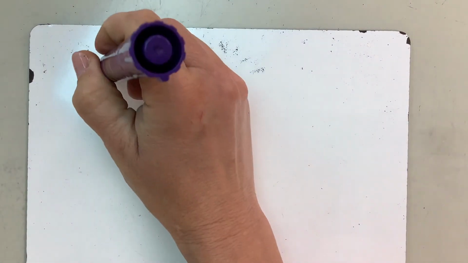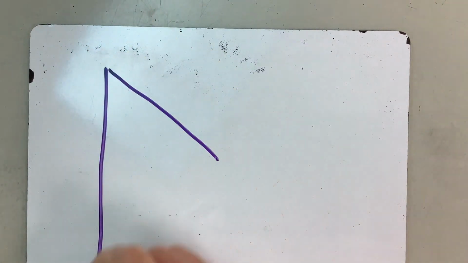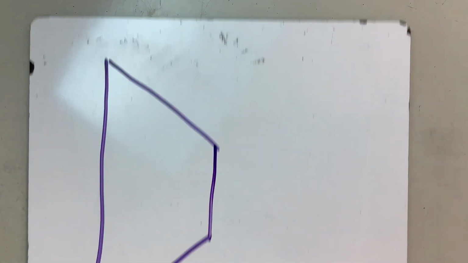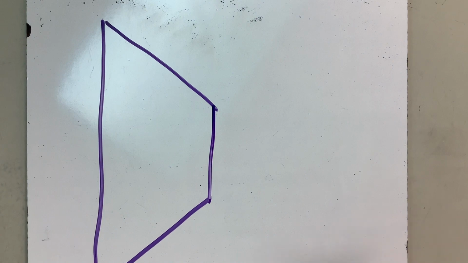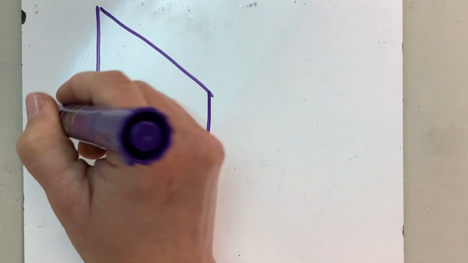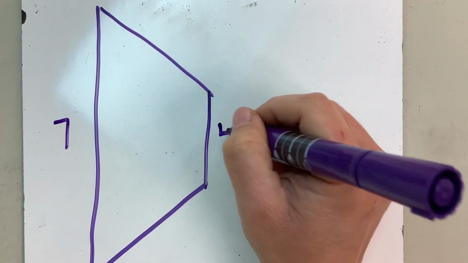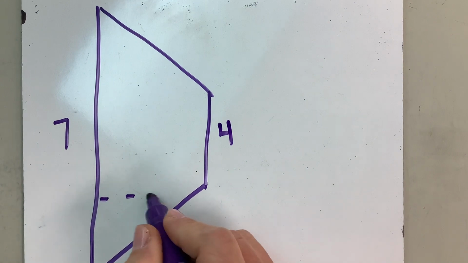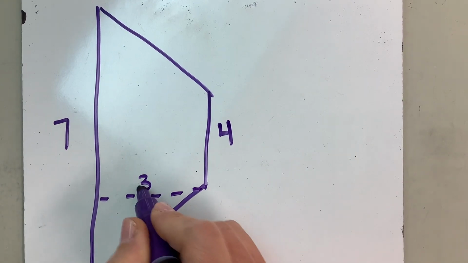So if we have a figure such as, well, the numbers aren't going to look like this, but anyway, this is close. This length is 7. This is 4. They tell us this guy is 3.